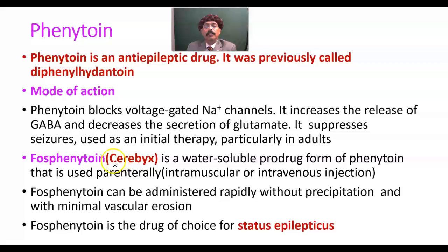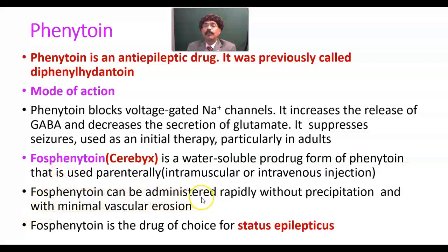Fosphenytoin, market name Cerebyx, is a water-soluble prodrug form of phenytoin that is used parenterally by intramuscular or intravenous injection.